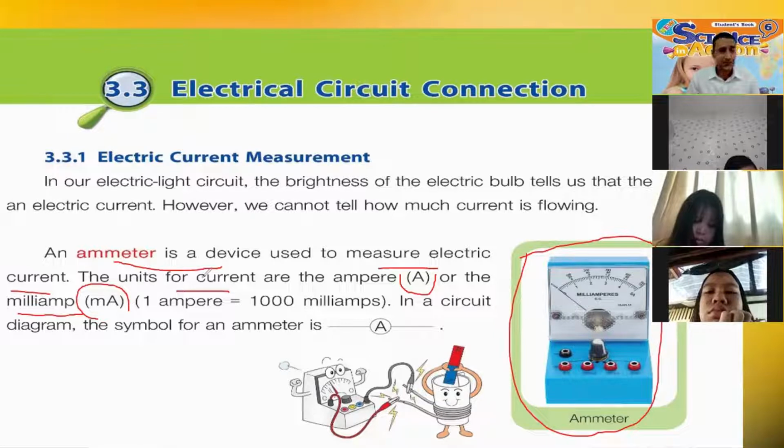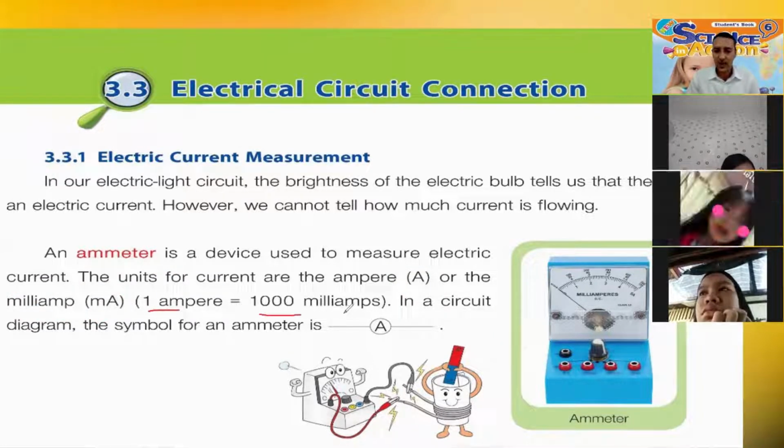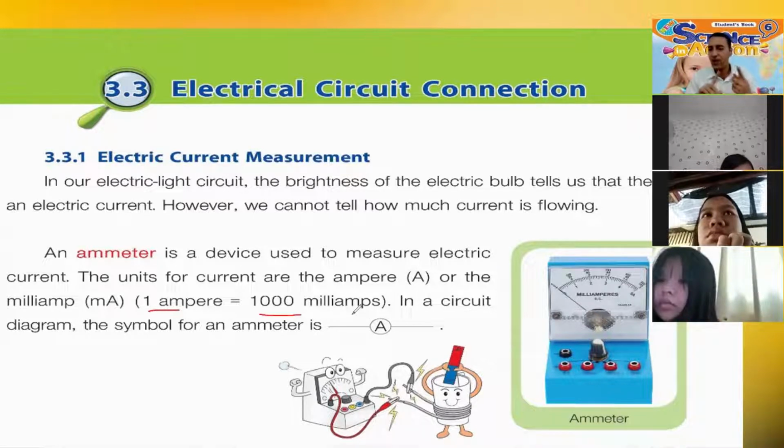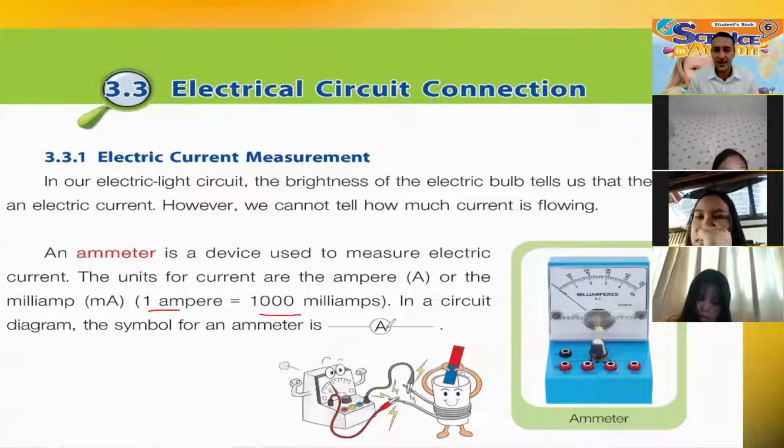So 1 ampere is equal to 1000 milliamps, or you can say 1000 milliamps is equal to 1 ampere. That's how we calculate the measurement of electric current, right? In a circuit diagram, the symbol of an ammeter is A in a circle.